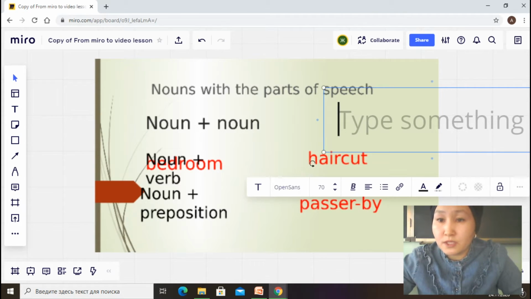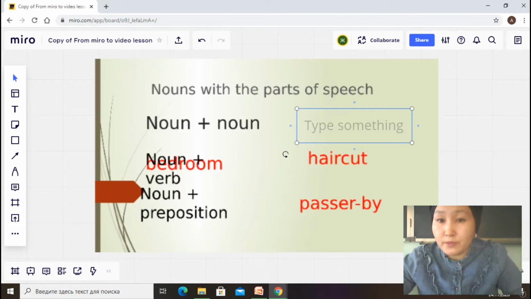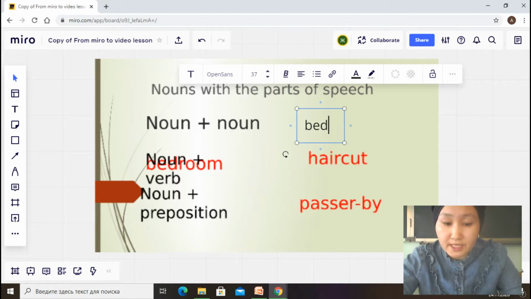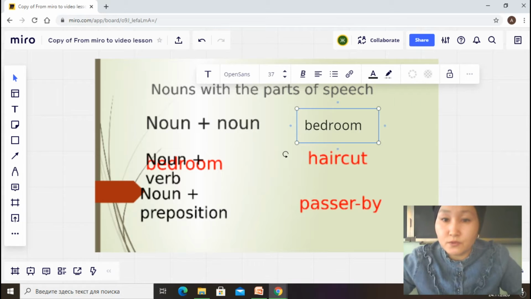These nouns are used, for example, noun plus noun. If we take the word bedroom, it follows the rule that bed is a noun, room is a noun. Another example is a noun and a verb. Look at the screen and you can see the example of haircut.